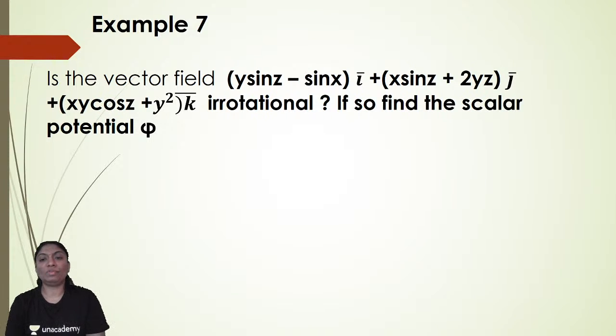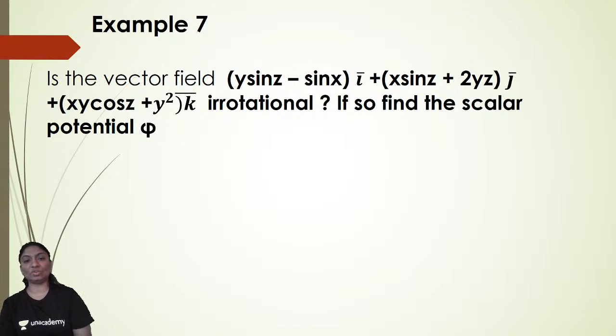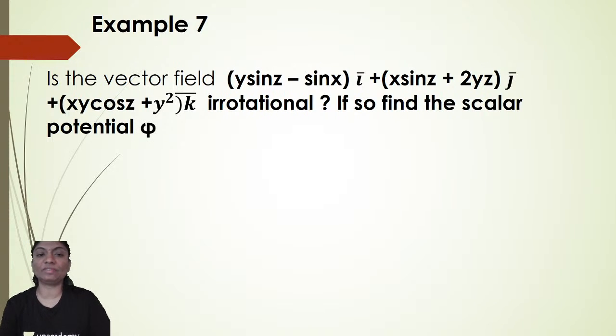If so, find the scalar potential phi. Now irrotational is also called conservative. Many times the word conservative is given instead of irrotational. If the vector field F bar is conservative, it means it is irrotational.